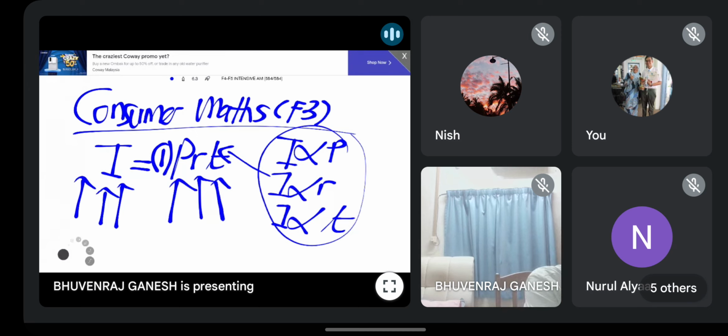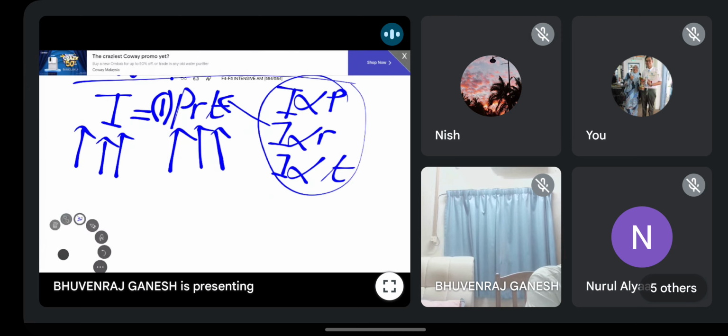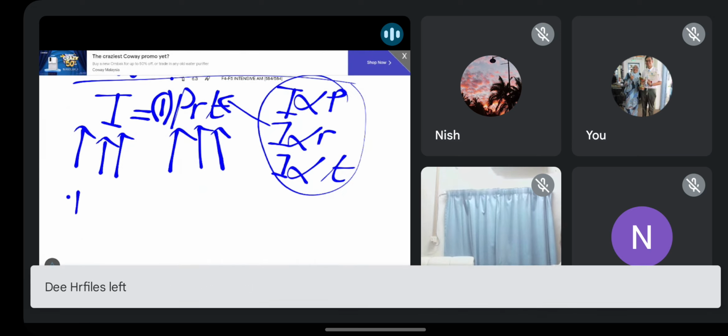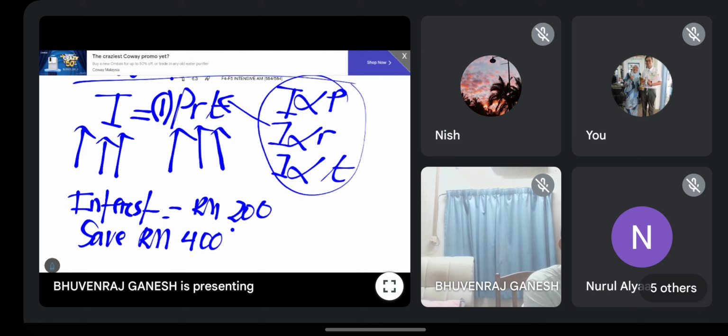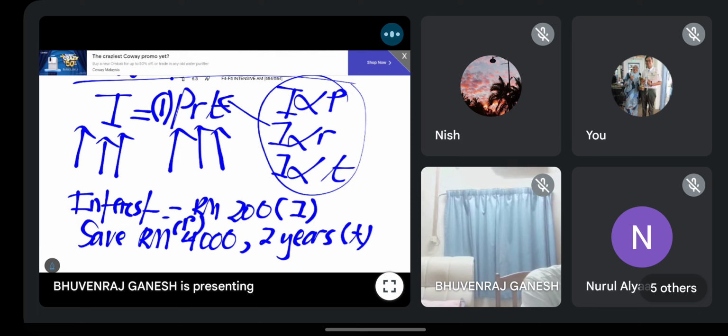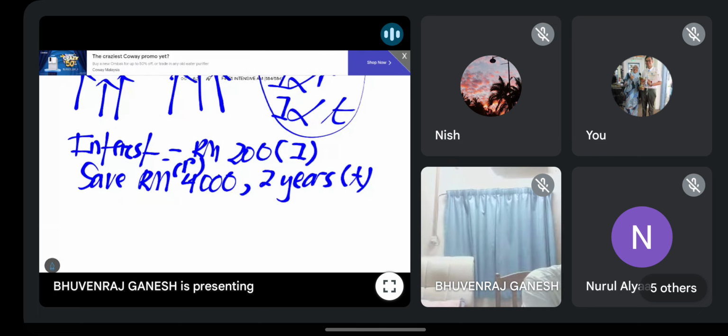Okay. So now, kamu boleh selesaikan soalan dah. Okay, so first part. Okay. Let's say interest RM200. She saved RM4,000. 2 years. Okay, so you can identify lah semua nilai I, T, P. Okay, and then now soalan tanya.